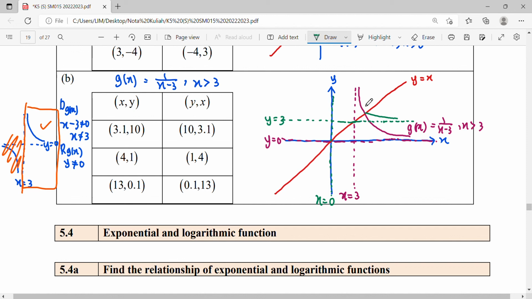For this part, going near to the asymptote here. So finally, this is our g inverse. Label origin. Make sure your asymptotes are labelled for the inverse function and the function, and the x-axis and y-axis also.